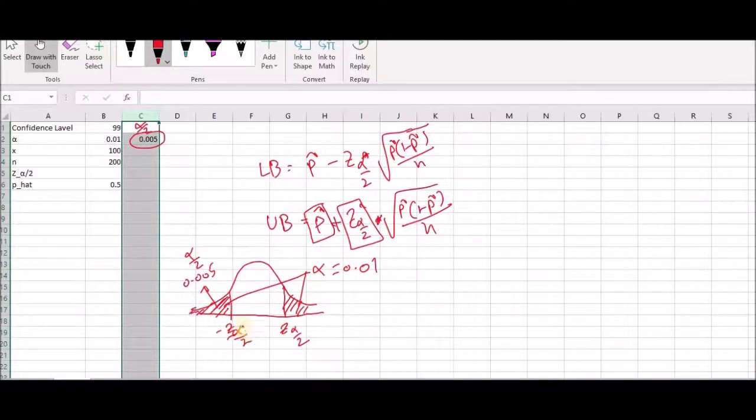Now I know the area to the left of a number, and that number is missing. So I will use the NORM.S.INV, because I'm talking about z-scores in this case, and this is the standard normal distribution, inverse of the area 0.005 to find the number that is the cutoff for the bottom area. So I will compute that right here.